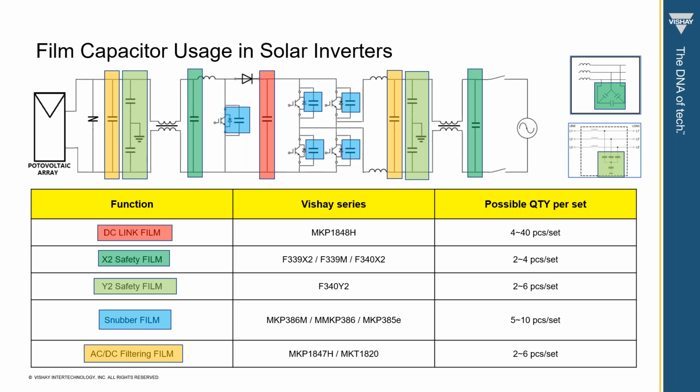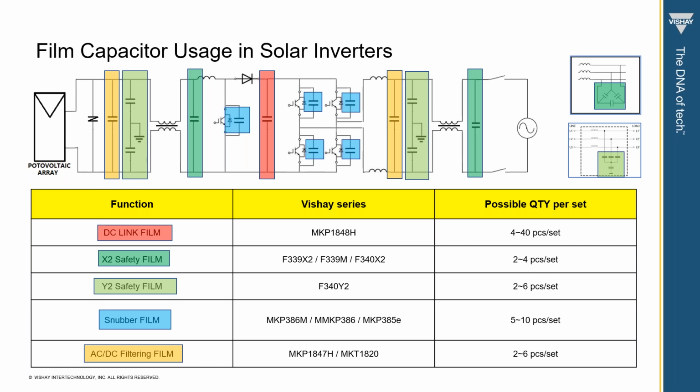But if the customer's requirement for THB is not as high, we do have other MKP 1848 series, for example the MKP 1848, MKP 1848C, MKP 1848X, and the last one, the MKP 1848SE series. So for DC link, we have a total of 5 different series to offer.